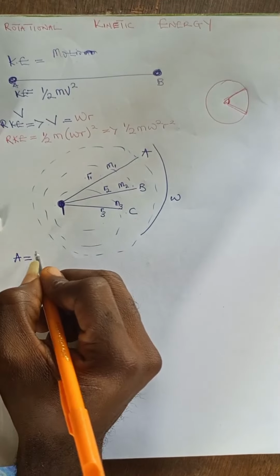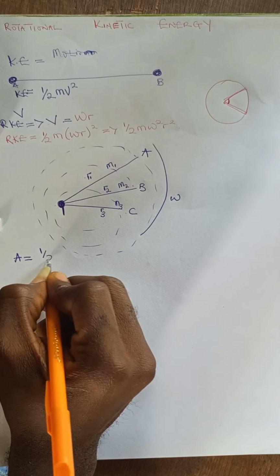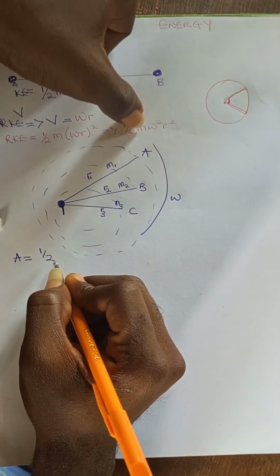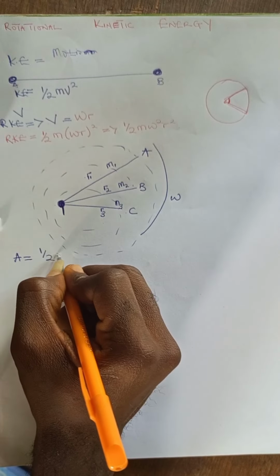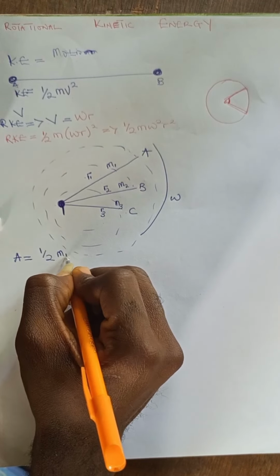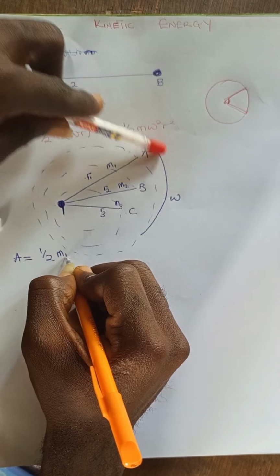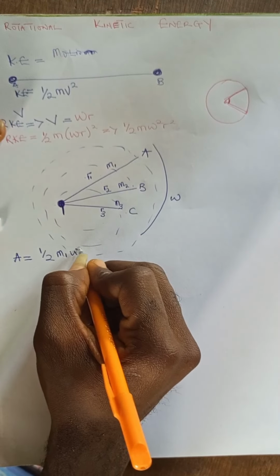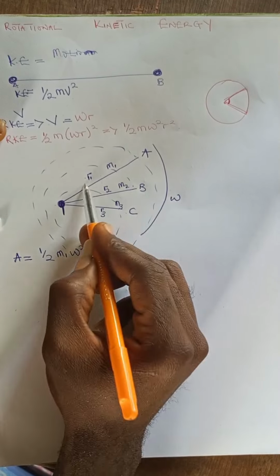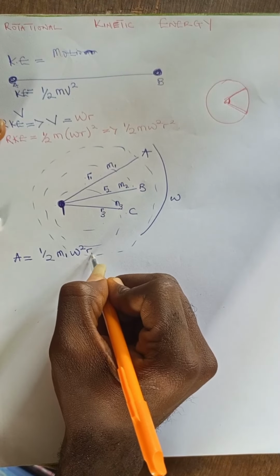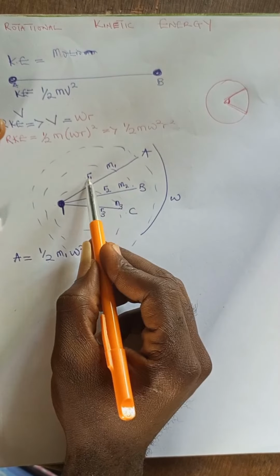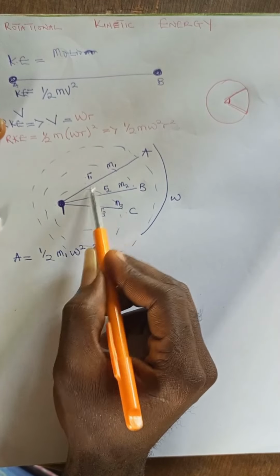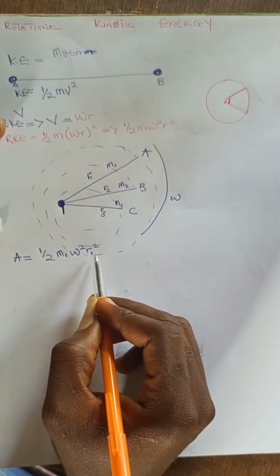So we will write the formula half m, not just m but m1, because it has its own specific number. So this is half m1, the omega does not change because it is the same thing for everything. So omega square, the r is r1, so r1 square. What is here is the same thing that is here. I just put their subscripts, these numbers down here, so that we can identify them. This one is for A.